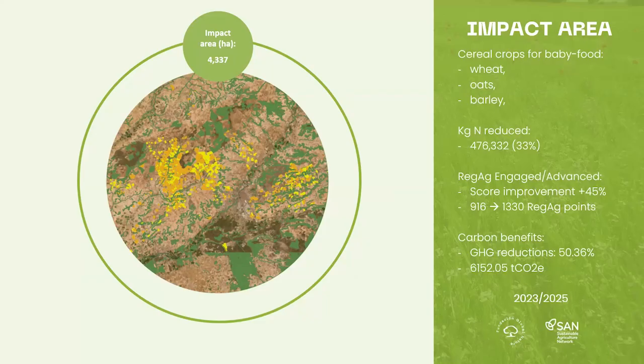Those cereals are wheat, oats, barley, and we've managed to reduce from 2023 up until 2025, 33% of the nitrogen used. Translated into kilograms of chemical fertilizer, it is something like 2.5 million kilograms of chemical fertilizers reduced in this sourcing region within those years from 2023 to 2025.